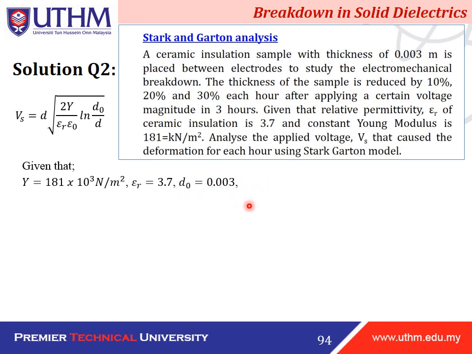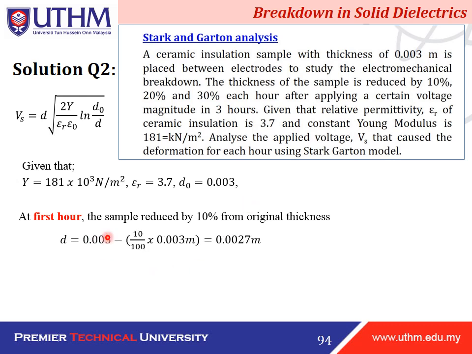Now what to do is find the sample reduced by 10% at the first hour. So by using d at the first hour, we calculate it: the initial thickness minus 10% of the initial thickness, and we get 0.027 meter.